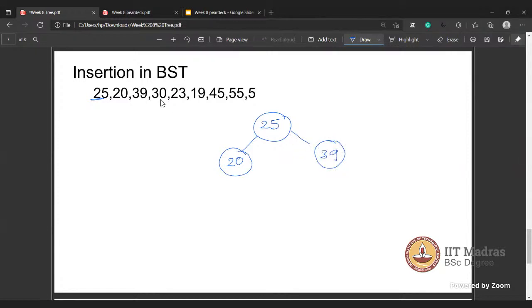Then 30, left side of 39. Then 23, right side of 20. Then 19, left of 20. Then 45, right side of 39.